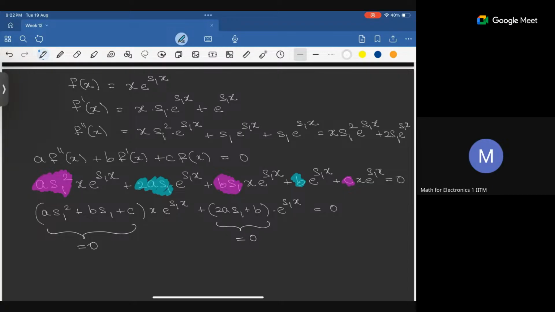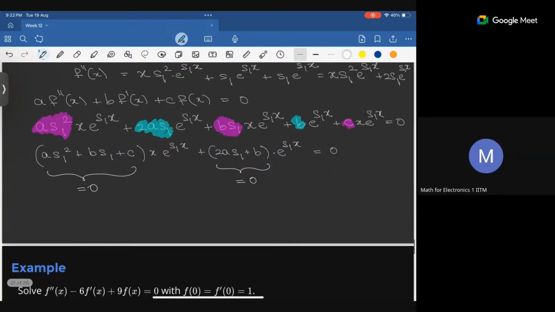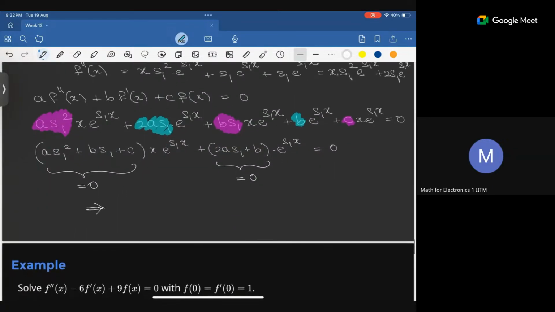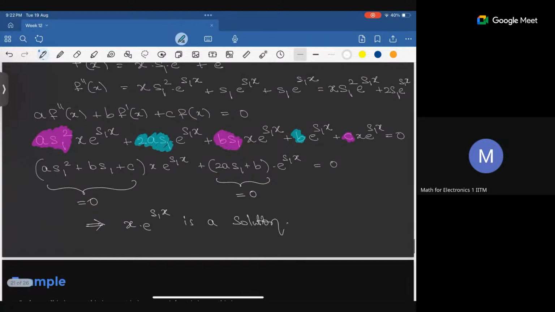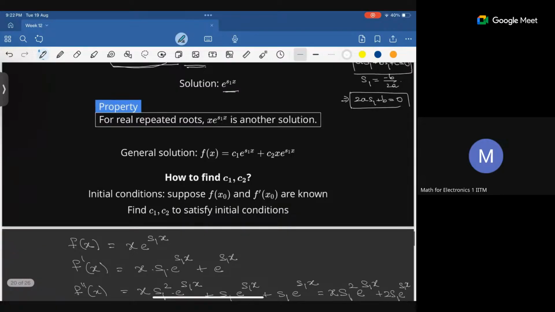So since these two are becoming zeros, it implies that 0 is equals to 0, so satisfied, right? So the function f of x is a solution. That means x into e power s1x is a solution. So once these two are solutions, its linear combination will also be a solution.